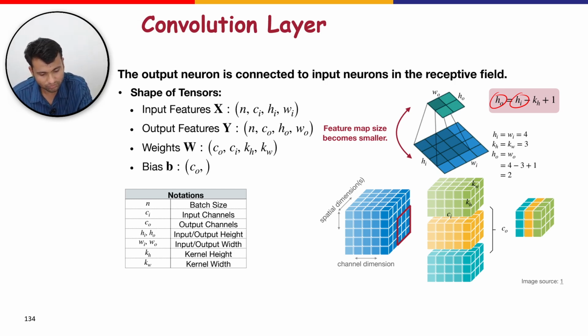So if we take the example of this 1D convolution, and this is my input Hi, and I need to calculate my Ho, and I know the size of the filter.